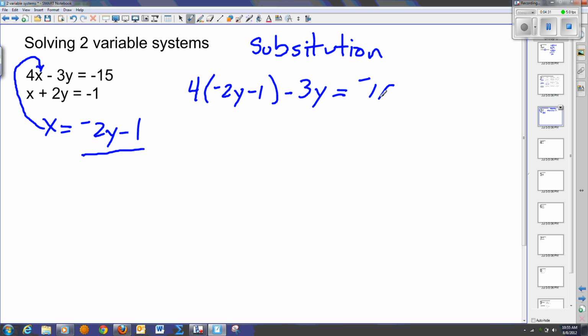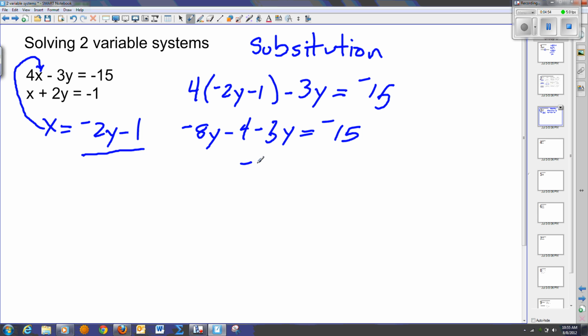Then I'm going to go about solving that. So that's negative 8y minus 4 minus 3y is equal to negative 15.